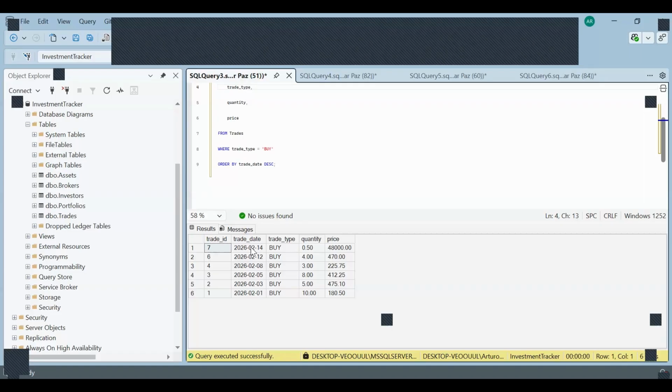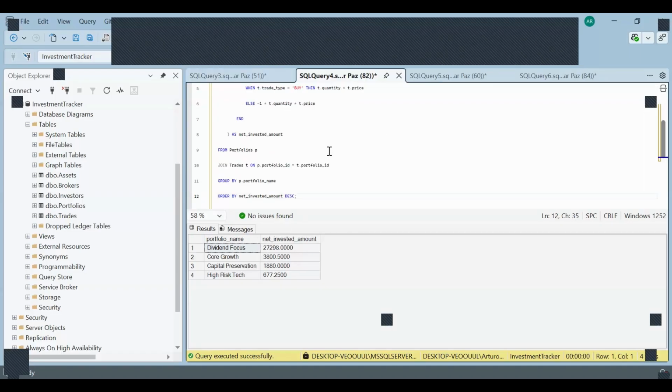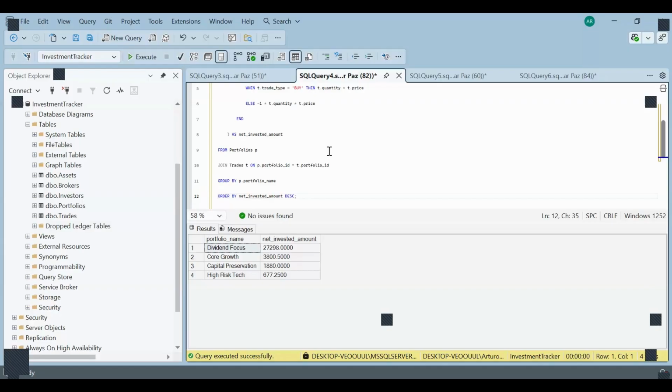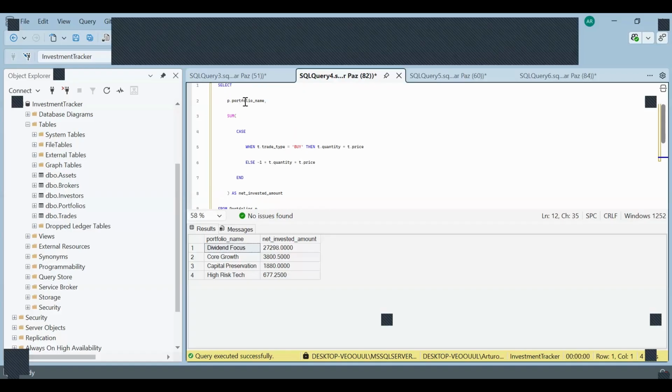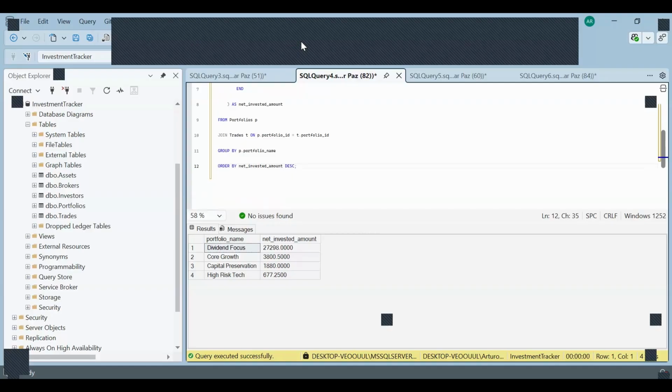In here, for query number 4, we are calculating the net investment amount of each portfolio. We're using the query joins. So we're using the portfolio table with the trades table using the portfolio ID field here.